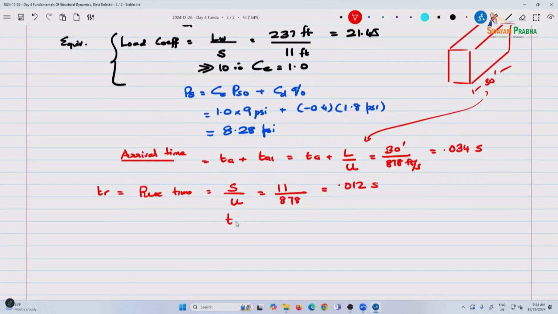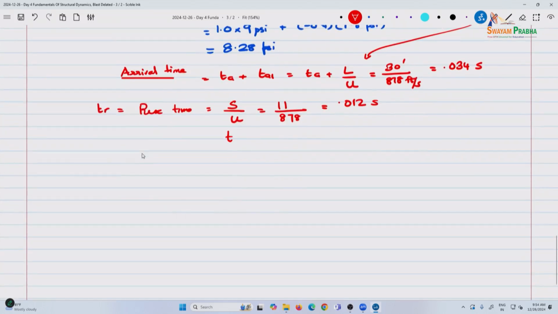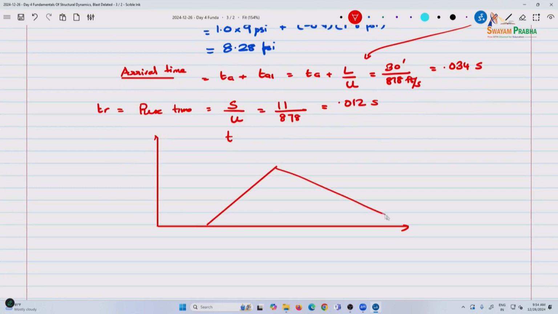So if you plot this now, again, it's going to be very similar. So that value is TA plus 0.034 or 34 milliseconds, let's say.